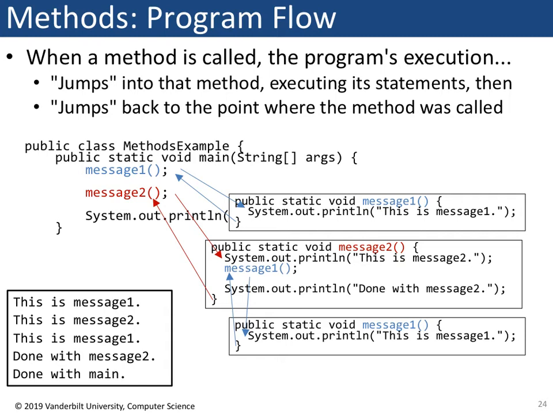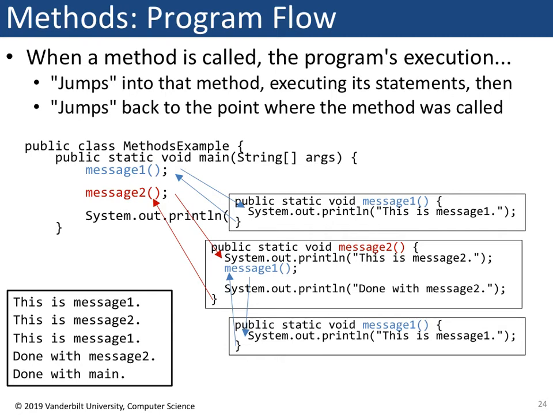At this point, it encounters a call to message 2. It jumps into message 2. Inside message 2, it encounters a call to message 1, which causes it to jump into message 1. And then it will execute the statements in message 1. Then it will jump back into message 2, finish executing the statements in message 2, and then jump back to the original location in main.